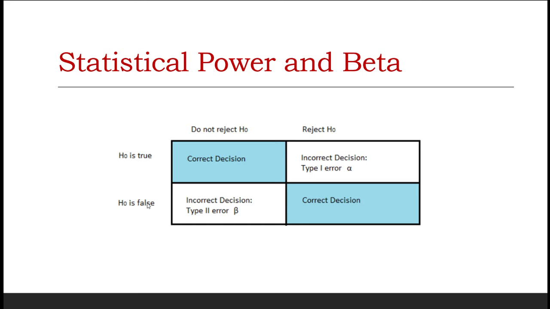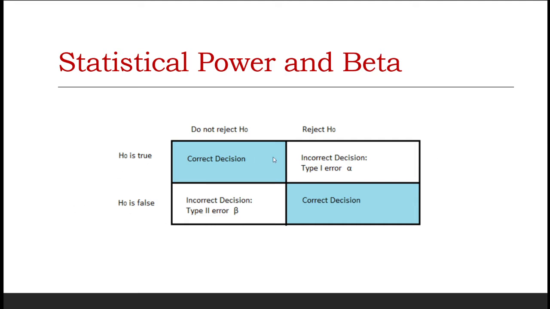Similarly, if null hypothesis is false and we reject null hypothesis, then it is also a correct decision. But what happens when we know that the null hypothesis is true, but we have rejected it? So this will be the incorrect decision where we are rejecting null hypothesis wrongly. Similarly, if null hypothesis is false, but we are not able to reject it, it would again be a wrong decision.